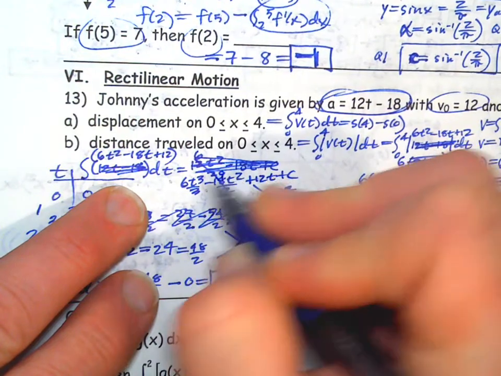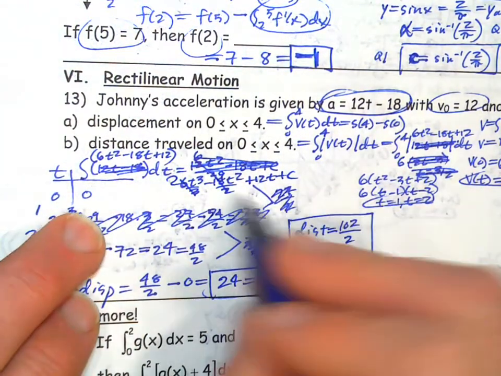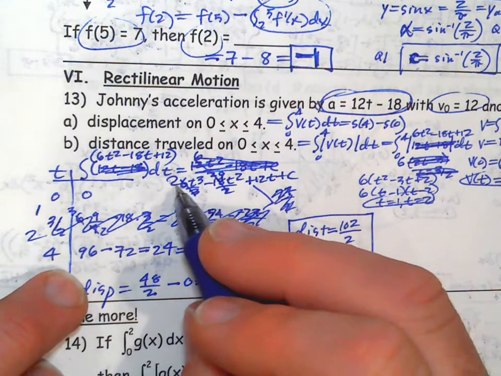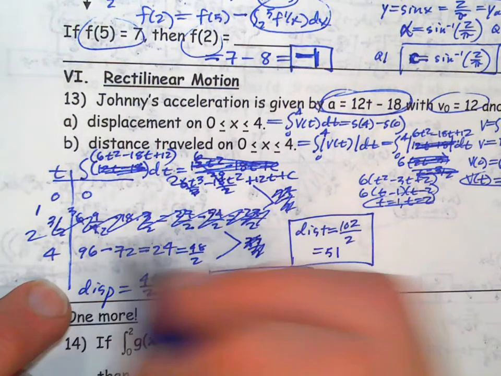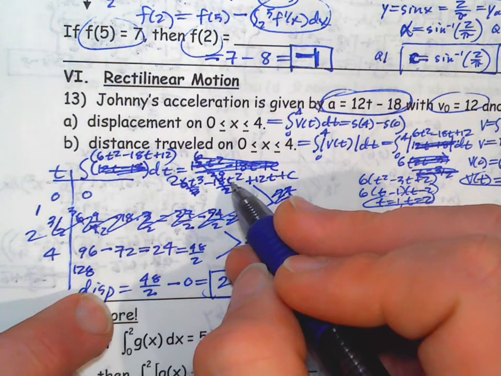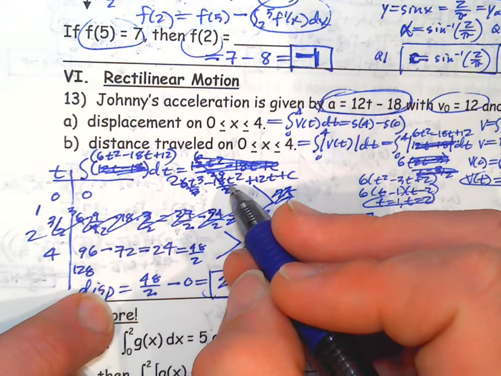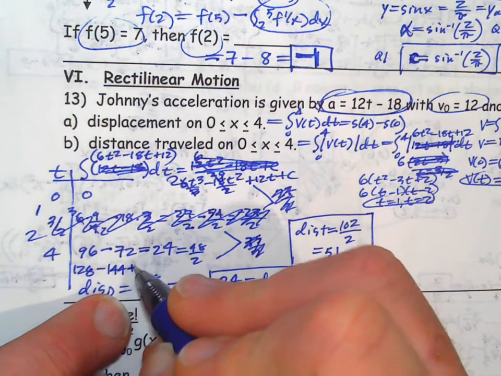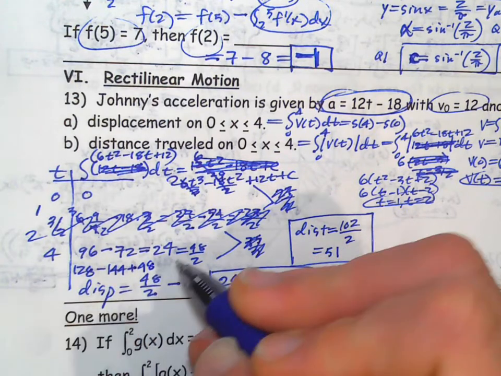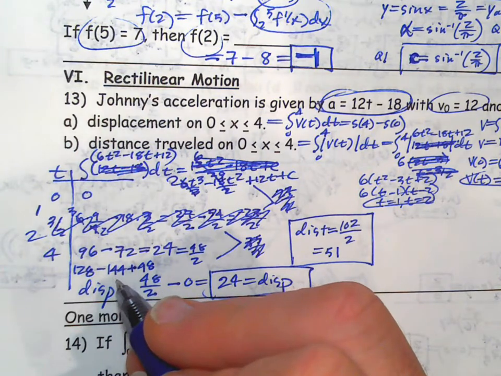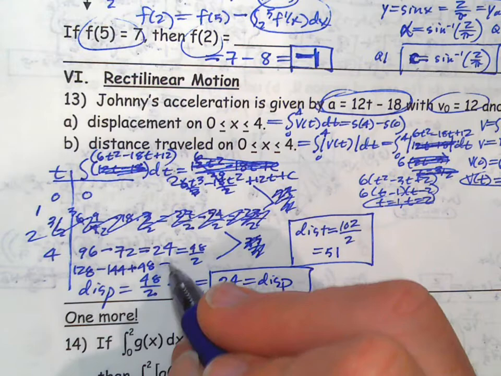It's going to be 9. That's going to be a 2. So if you plug 0 in here, you're going to get 0 still. If you plug 4 in, you're going to get 2 times 64 is 128 minus 9 times 16 is 144, plus 12 times 4 is 48. So that's going to be positive 32.